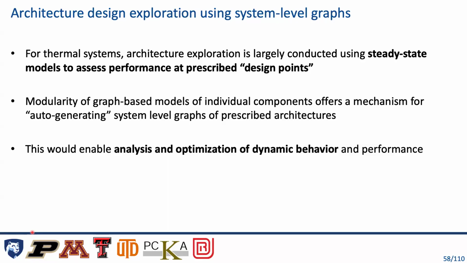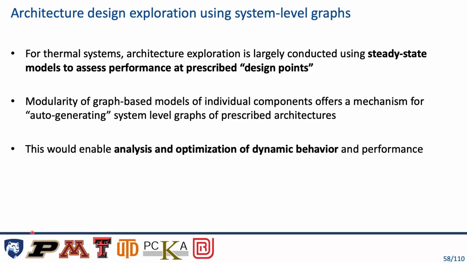And so similarly, if we're going to explore different potential arrangements of components, hence an architecture, to accomplish different types of thermal performance objectives, it makes sense that we would want to be able to actually evaluate the dynamic performance of all of those different architectures. So to do that, we're certainly going to need transient models of all of them, but that's a lot to do to derive all those different system models.